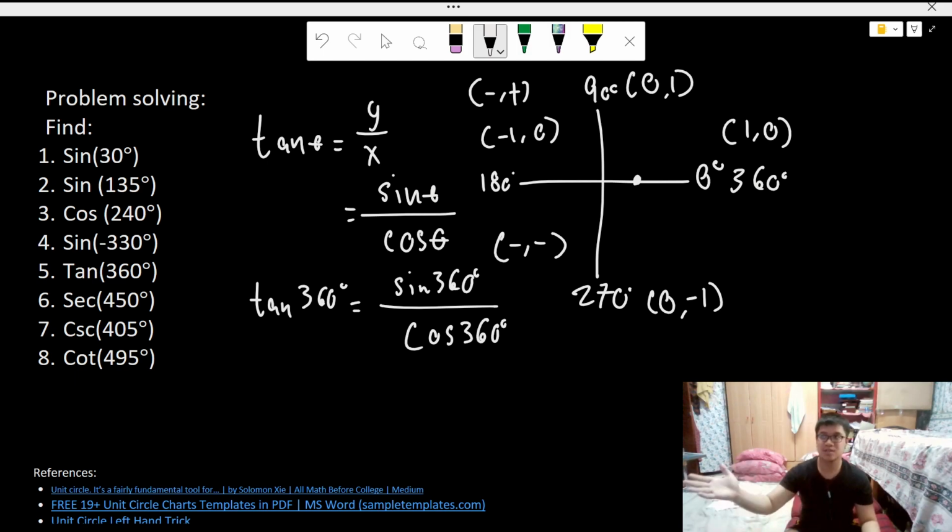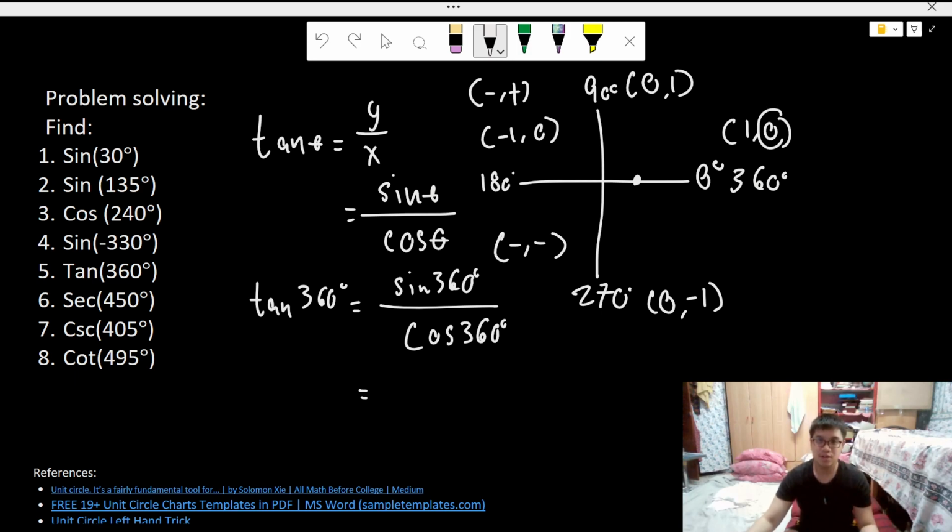But what if it's greater than 360? Then do coterminal angles. With that, we can now proceed here. Sine 360 degrees is just equivalent to sine 0 degrees. Remember that your sine is your y, your x is your cosine.